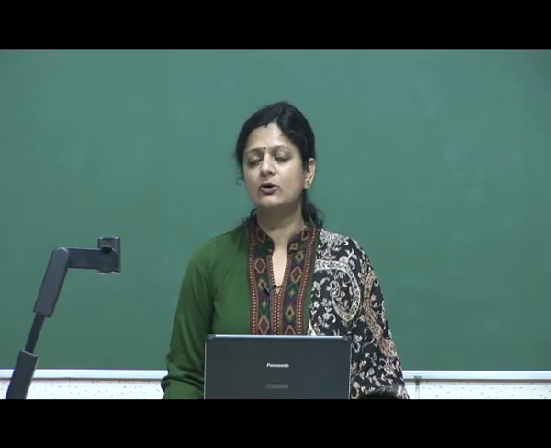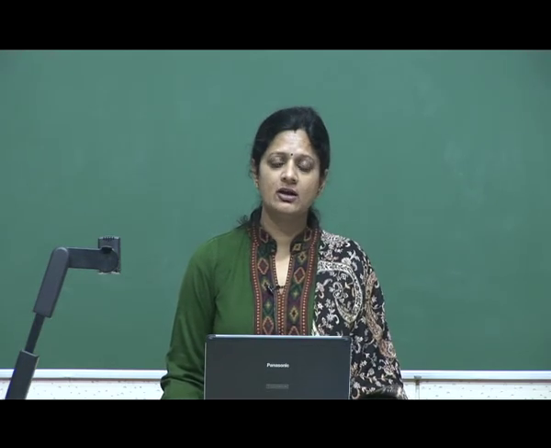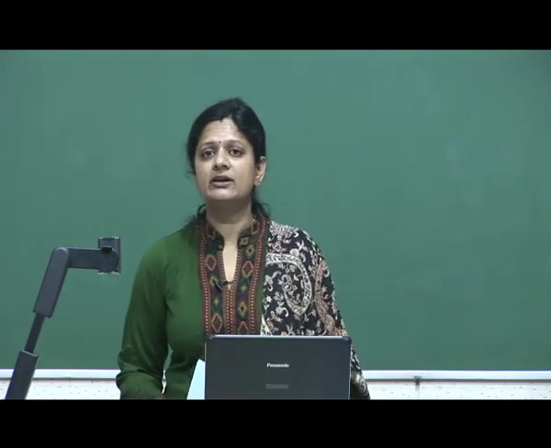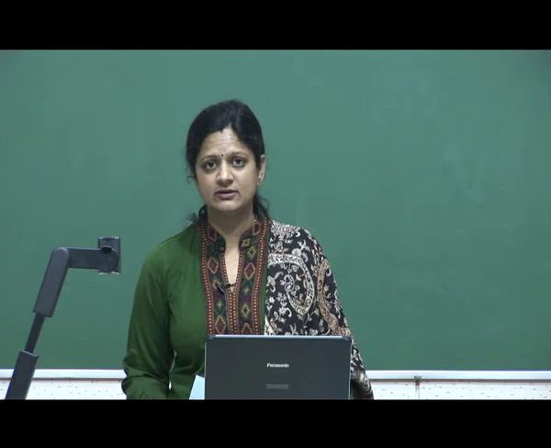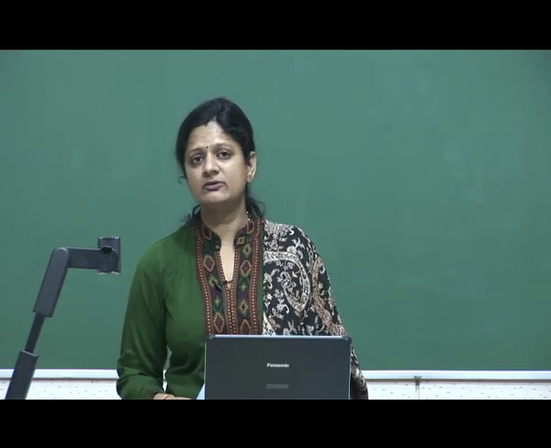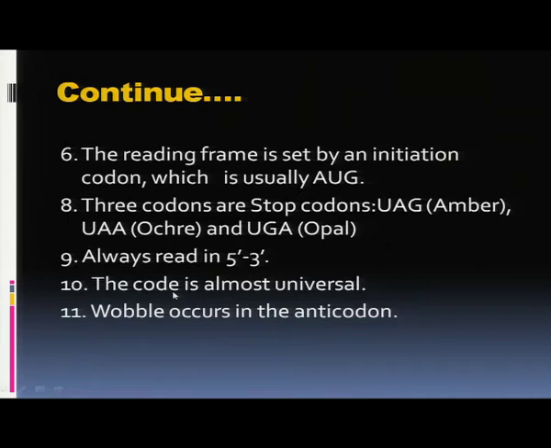When it pairs with the codon of the messenger RNA, the first two pairings are very exact, but the third pairing may differ in many cases, because the first two nucleotides give the signal for that particular amino acid. So, the third pairing is not exactly the same as per the order, and this is what we call wobble pairing. You can see over here.